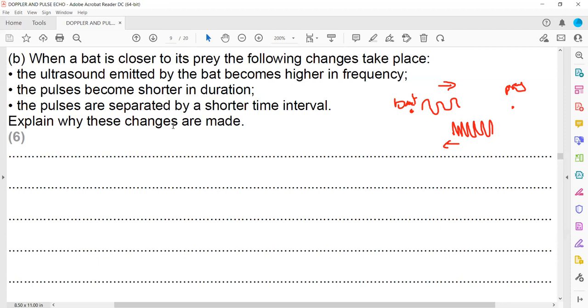So the first part, ultrasound emitted by the bat becomes higher frequency. What is the reason why the bat is emitting a higher frequency? When higher frequency is there, it will have a shorter wavelength.